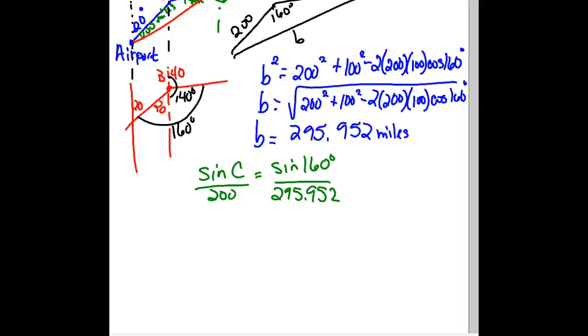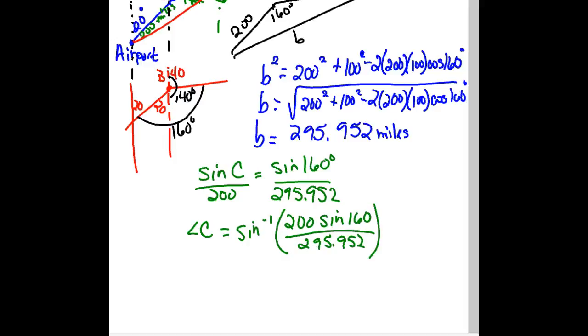So C is going to be inverse sine. We have to multiply the 200 over, so we have 200 sine 160 divided by 295.952. All right, so grab calculators. Let's find angle C.